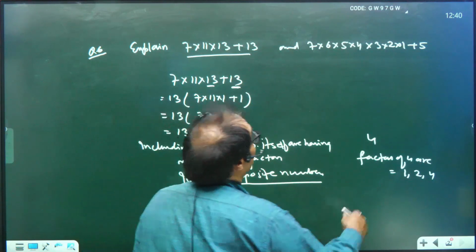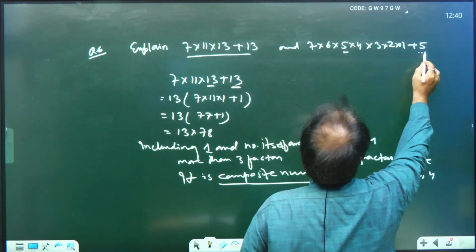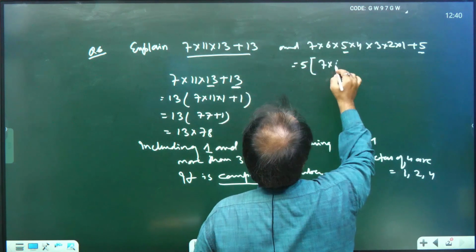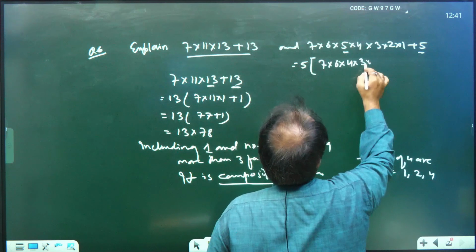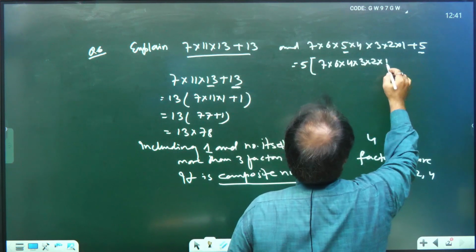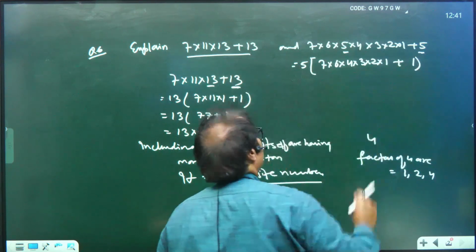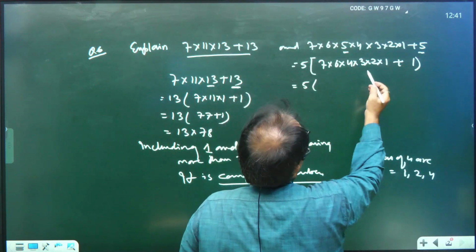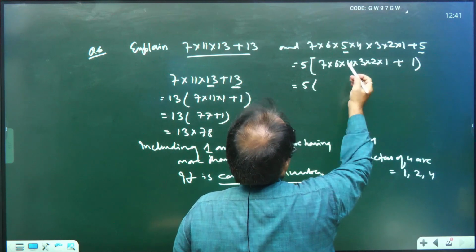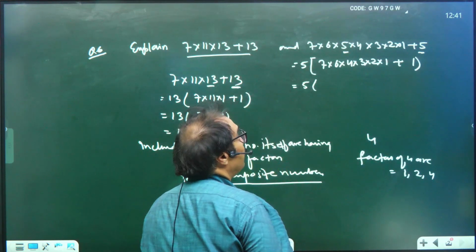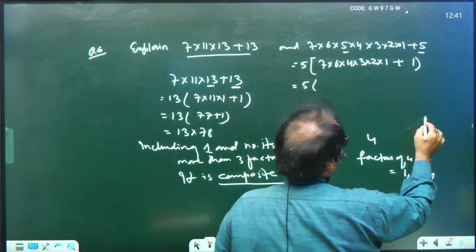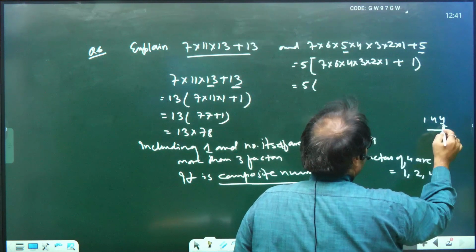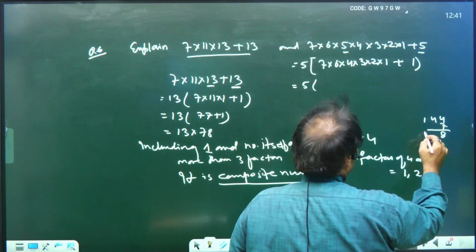In the same way, here what is common? This 5 and 5 is common. So take 5 as common. What is left? 7 into 6 into 4 into 3 into 2 into 1, and then plus 1, because we have taken 5 common. Now do the multiplication: 2 times 3 is 6, 6 times 6 is 36, 36 times 4 is 144, and 144 times 7: 7 times 4 is 28, carry 2, 7 times 4 is 28 plus 2 is 30, and so on, giving 1008.